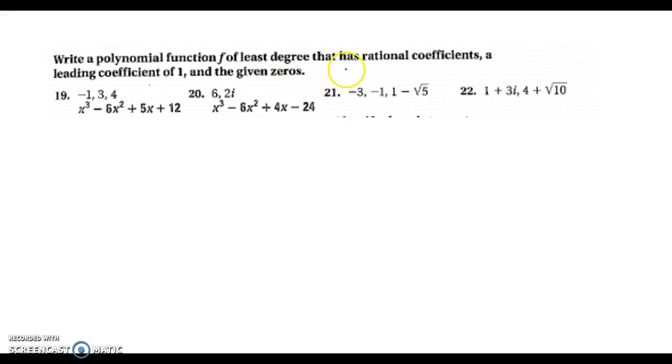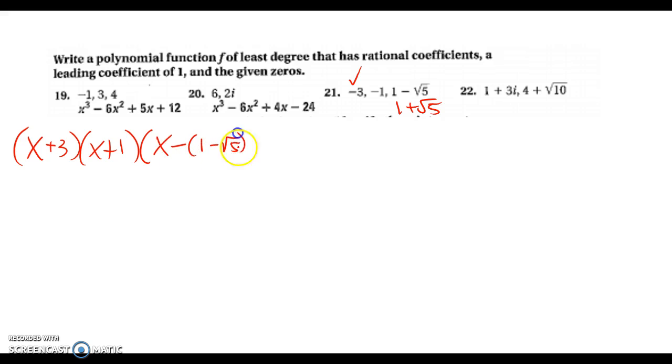Now we're doing 21. All right, so if I have this, I have 1 plus the square root of 5, don't I? So x plus 3, x plus 1. Now let's move this over, quantity x minus 1 minus the square root of 5, x minus 1 plus the square root of 5. All right, let's get these together.